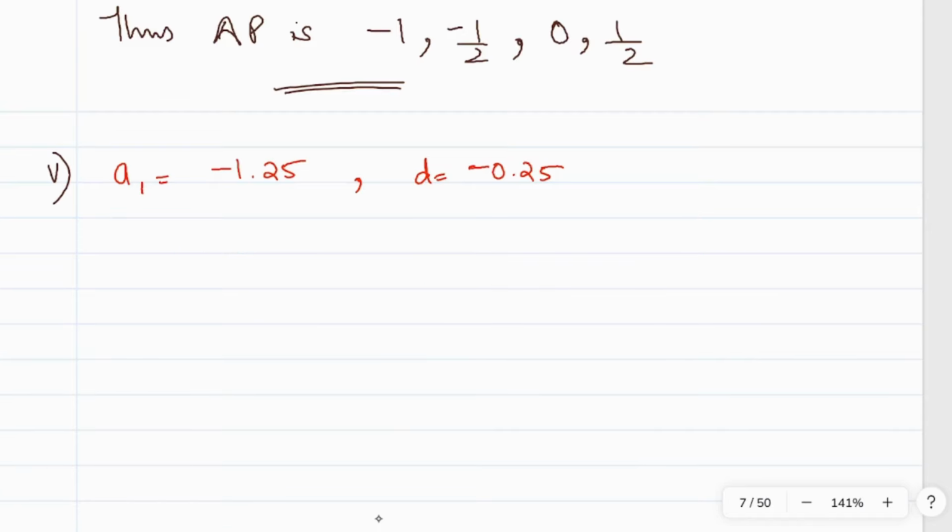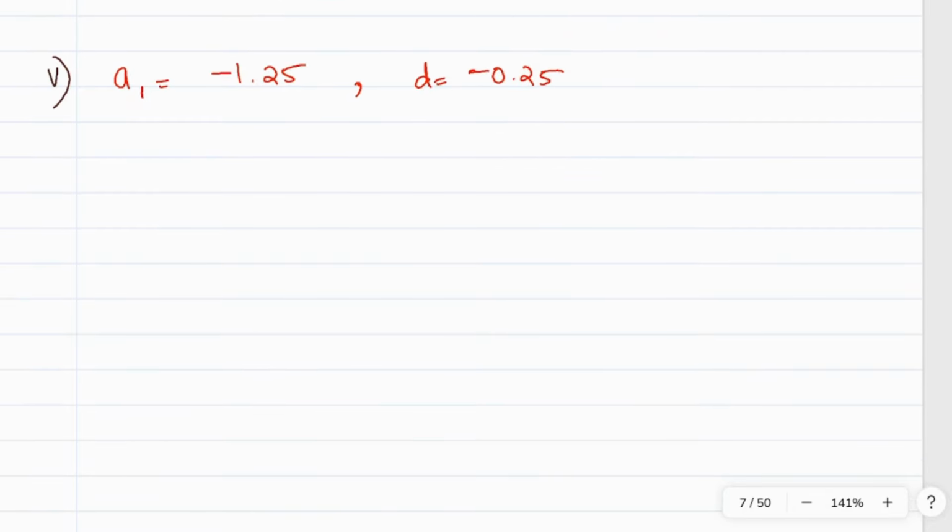Now let's do question number 5. Here A1 equals minus 1.25 and D equals minus 0.25. A2 equals A1 plus D, which is minus 1.25 plus minus 0.25.